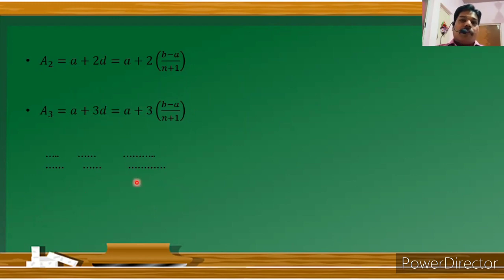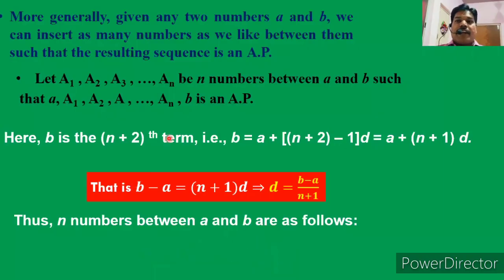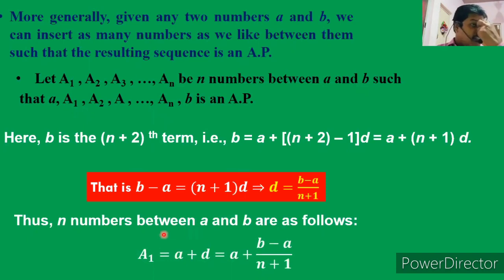So if you insert n arithmetic means between a and b, you can calculate the arithmetic means by using these values. How to calculate that? A1 is a plus b minus a by n plus 1. A2 is a plus 2 into b minus a by n plus 1. A3 is a plus 3 into b minus a by n plus 1.